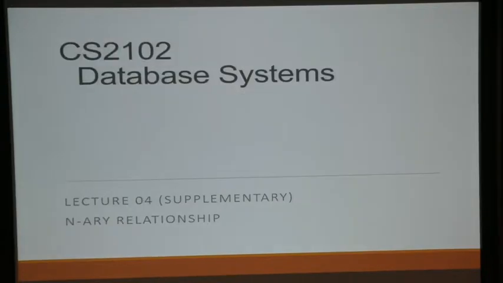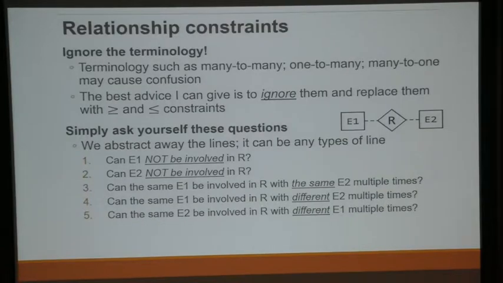Let's go through quickly about the n-ary relationship. So let's forget about the terminology like many-to-many, one-to-many, and so on. You should try to focus on how many of the entity can be involved in a relationship.